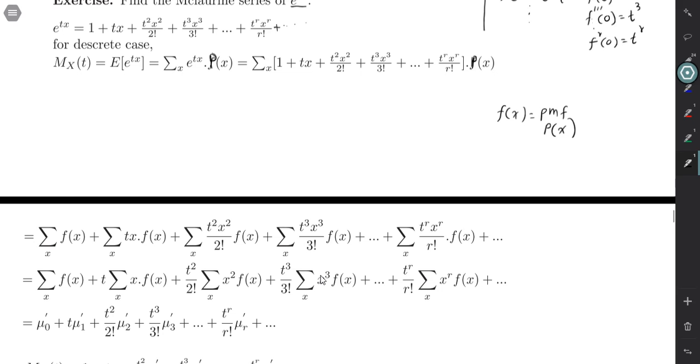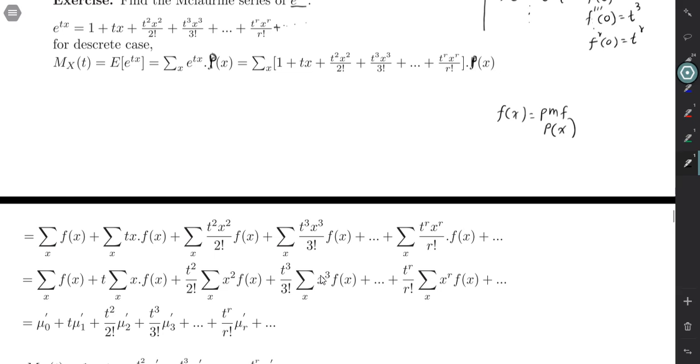Since the summation is with respect to x, you can take t outside the summation and also the constant. So for the first one, we have the sum of x fx. Then the next one, the constant t outside, sum of x fx. The next one, t square divided by 2 factorial is the constant.